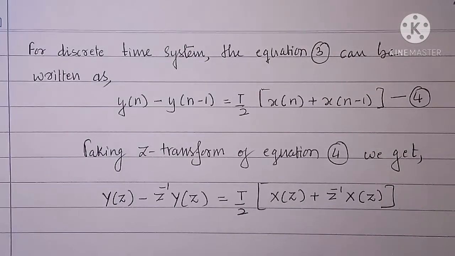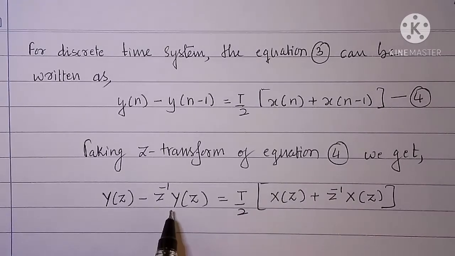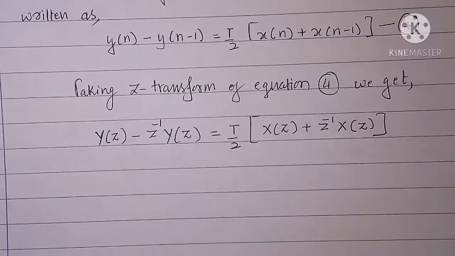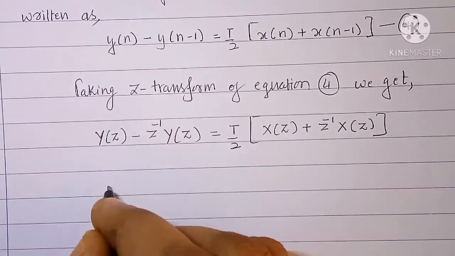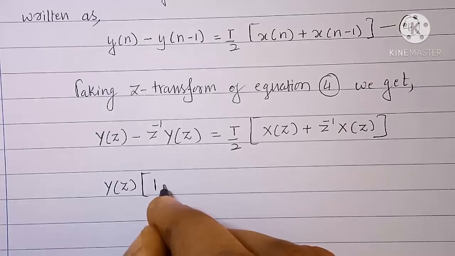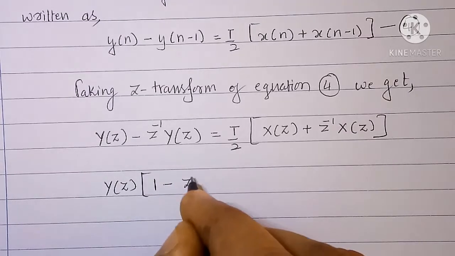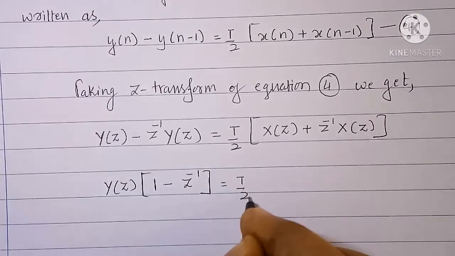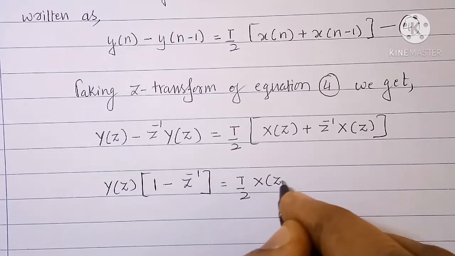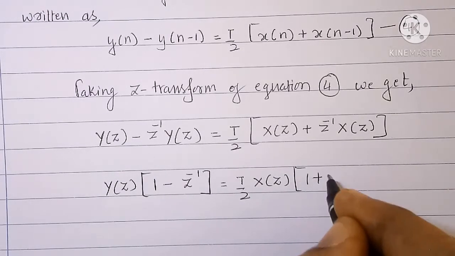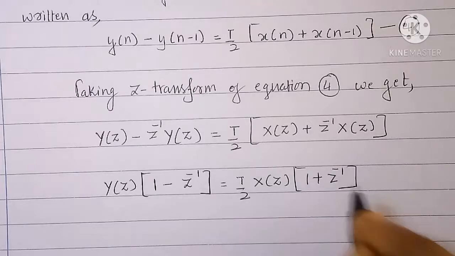Taking Y of z common on the LHS and X of z on the RHS, we get Y of z inside the bracket 1 minus z raised to minus 1 equal to T by 2 into X of z inside the bracket 1 plus z raised to minus 1.